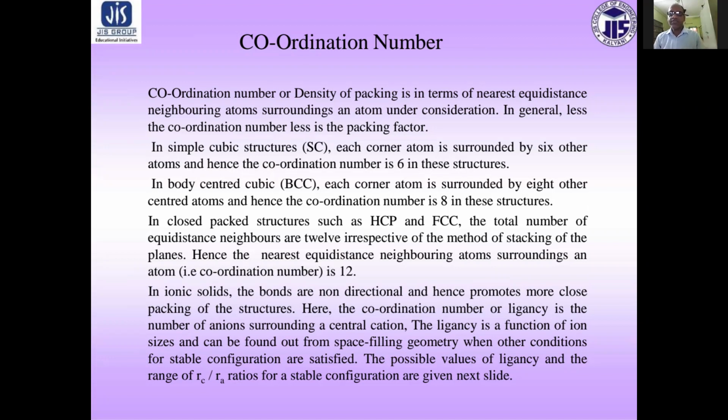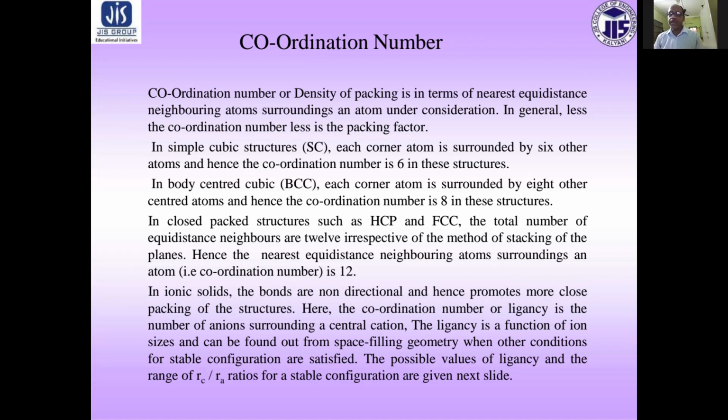First of all, in a simple cubic structure, each corner atom is surrounded by 6 other atoms, and hence the coordination number is 6 in this structure. In body-centered cubic, each corner atom is surrounded by 8 other atoms, and hence the coordination number is 8 in this structure.